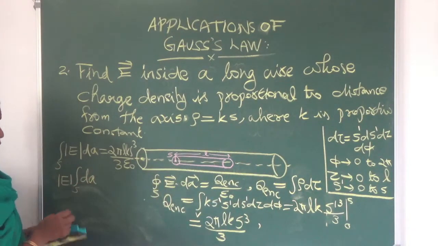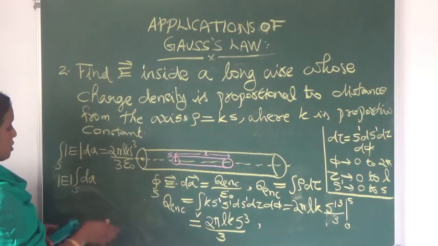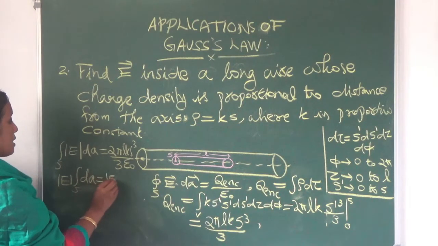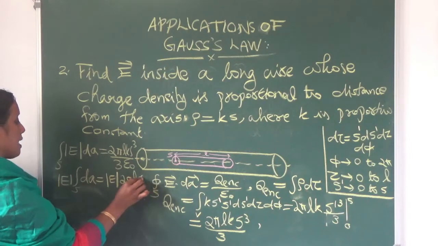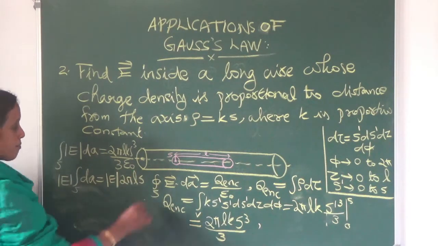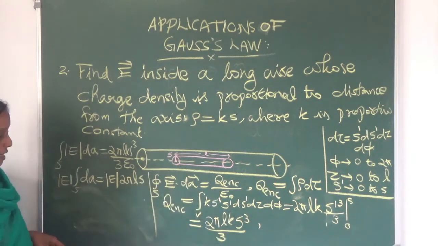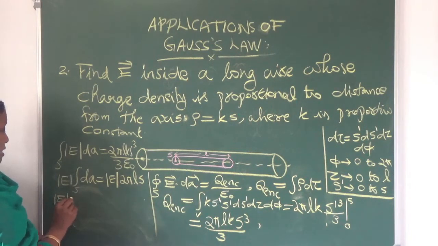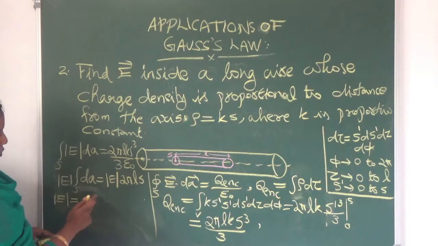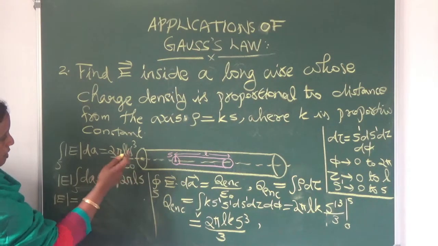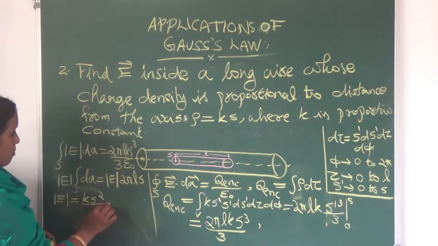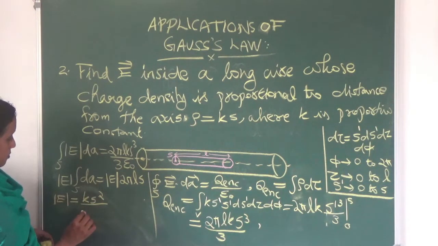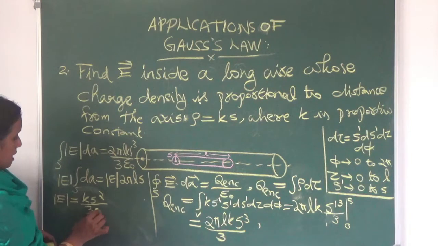It is given by 2 pi L S. So this is equal to mod E times 2 pi L S. So this gives you mod E equal to, what you get here, 2 pi L S cancels out, you get here K S square by 3 epsilon 0.